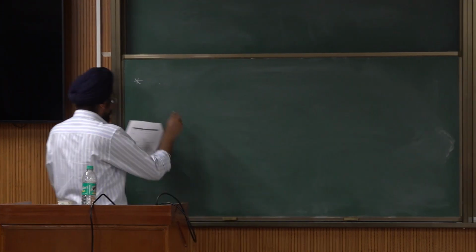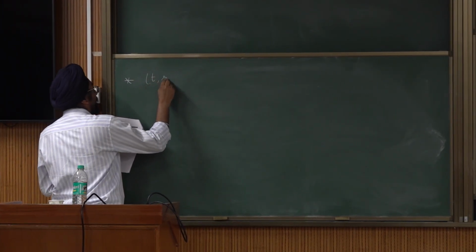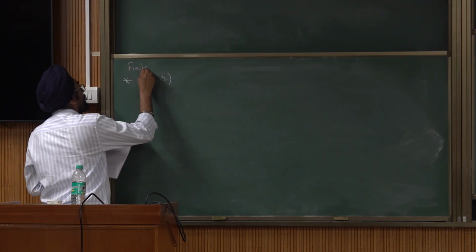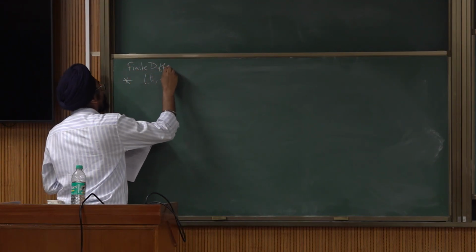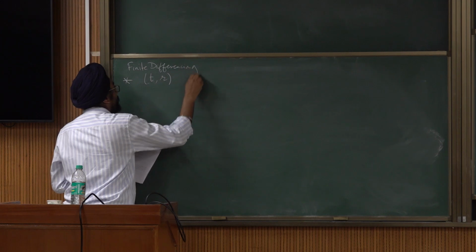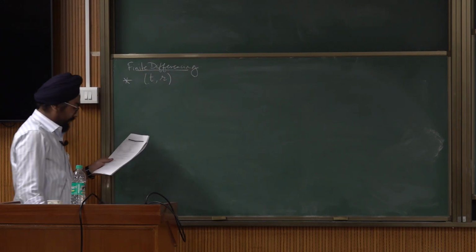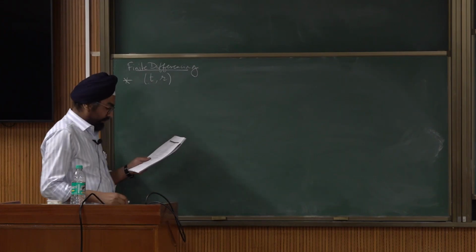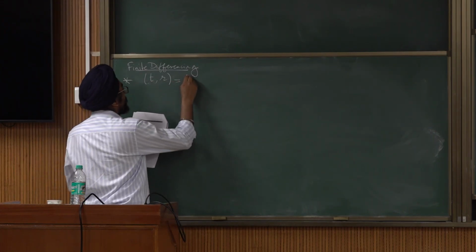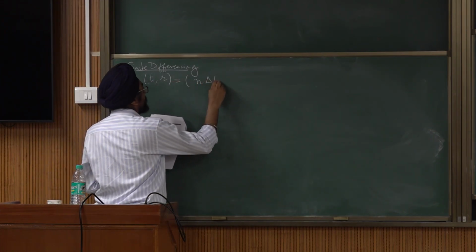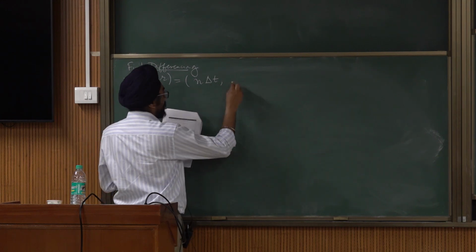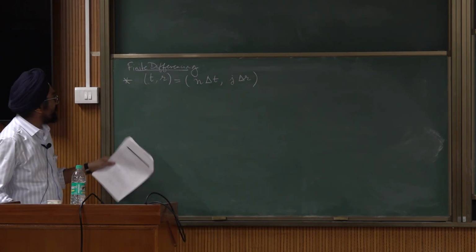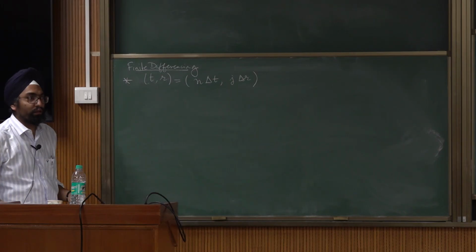So you have every point t and r. So this is where you use what is called finite differencing. Given a function f at point t and r, which is essentially given by n delta t and some j delta r, every point is specified by n and j respectively.